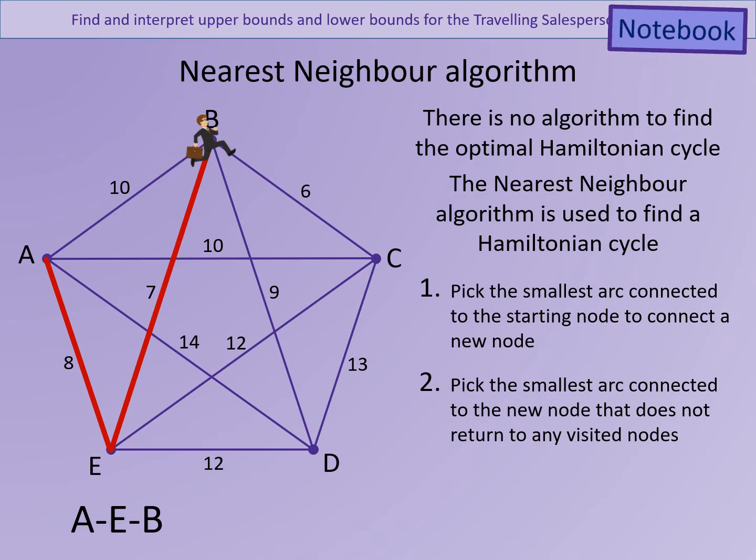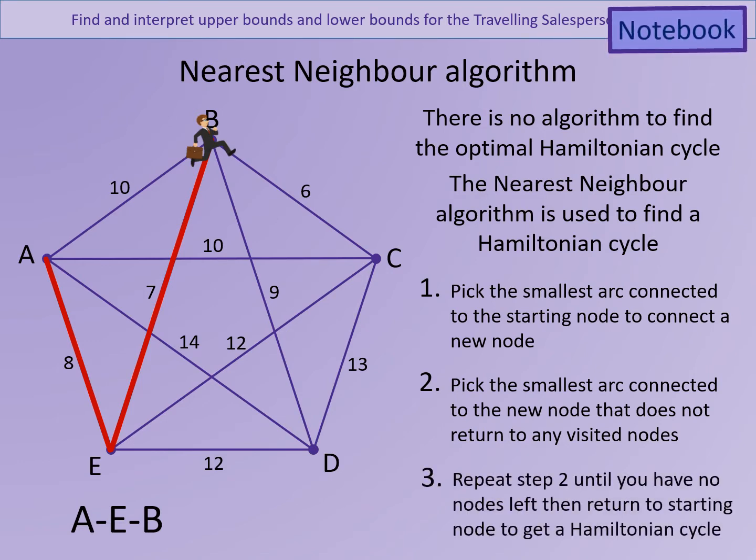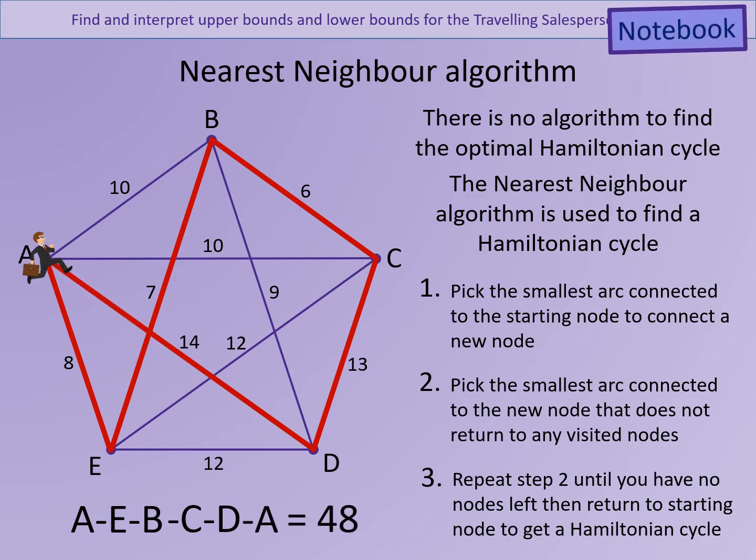And we're going to continue in this way until we have visited all of the nodes. And once we've visited all of the nodes, we'll return to the start. So we'll go B to C, C to D, and D to A. We've written down the tour as A, E, B, C, D, A, and given it a total weight of 48.